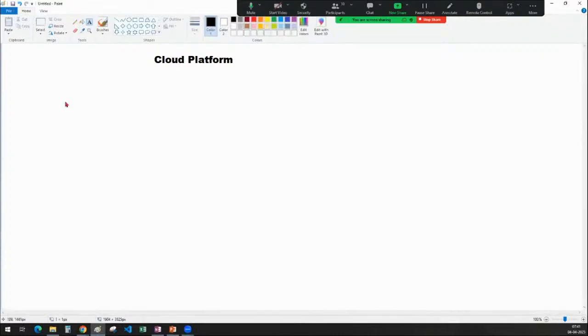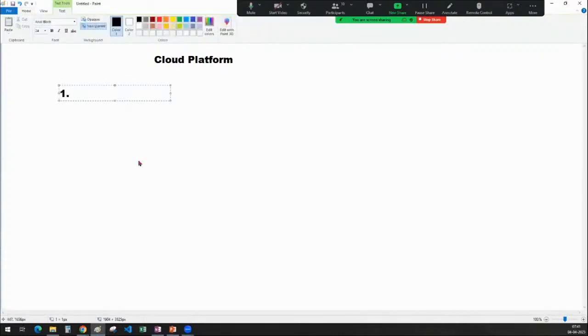One is virtual machine, okay, not managed, virtual machine. Second one is managed instance, and third one is serverless.